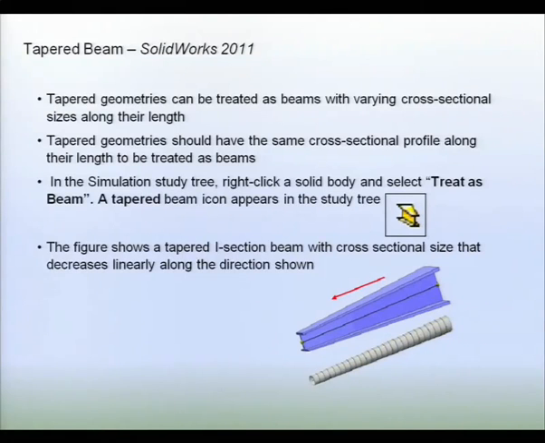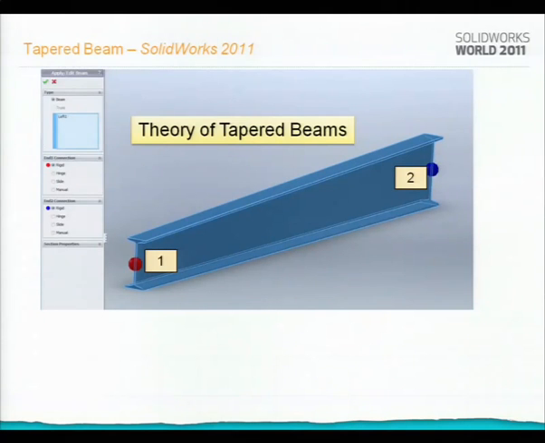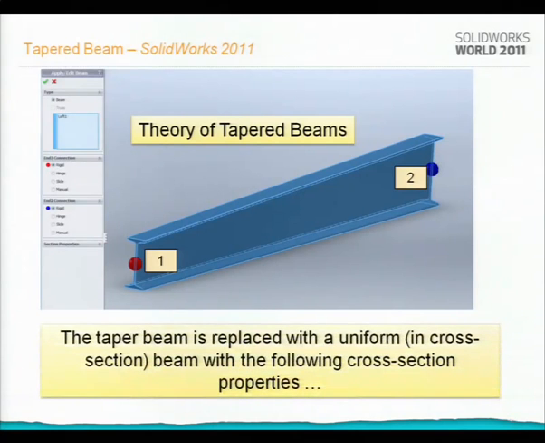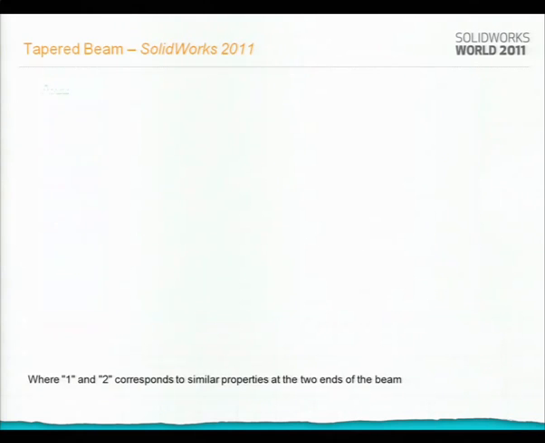And this is the geometrical representation and the finite element representation. Bien, some theory. I don't want to go deeper with the theory. I want to show a quick review of the theory of taper beam. Every finite element of the taper beam is replaced with a uniform finite element with these formulas.